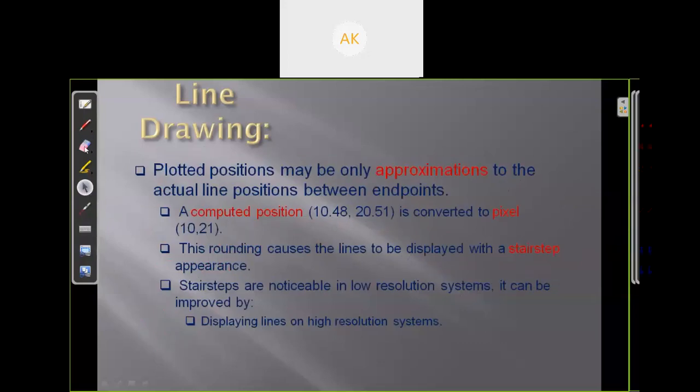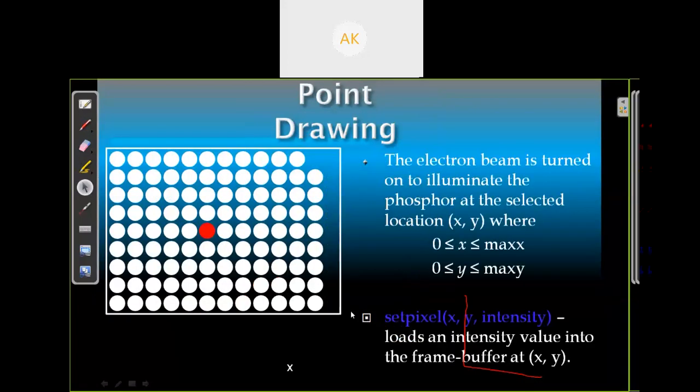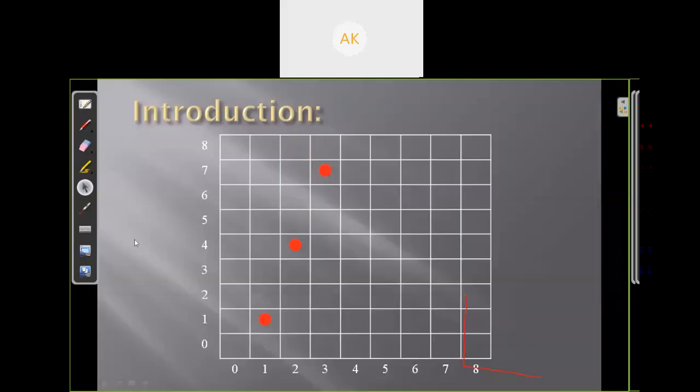What I want to say here is, this is your screen, and you want to draw a line from point 40 to 77.